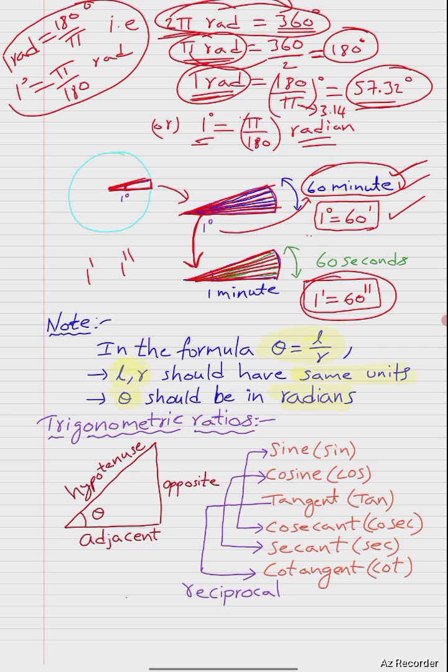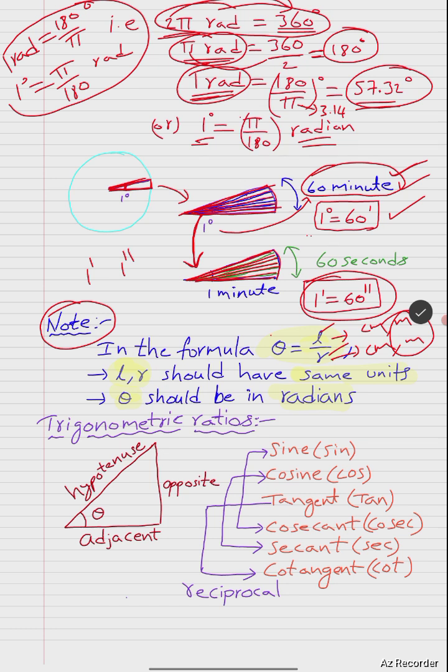Okay, now we have to make a note that in the formula theta equal to L by R, L and R should have same units. If L is mentioned in centimeters, R also should be mentioned in centimeters only. Or if L is mentioned in meters, R also should be mentioned in meters only. That means both L and R should have same units.